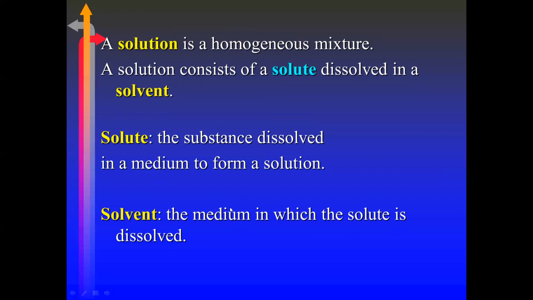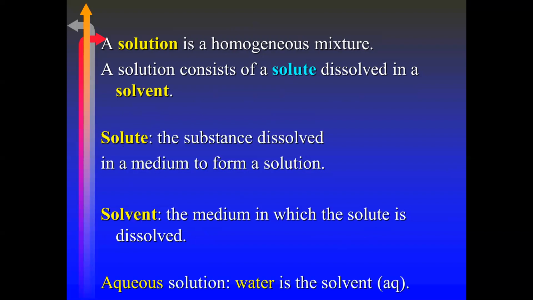If you add some salt, which means sodium chloride, into the water, and then you shake it, they become a solution. In that case, the solute will be the salt from your kitchen, and water is the medium in which your salt is dissolved. So water is the solvent in this case.